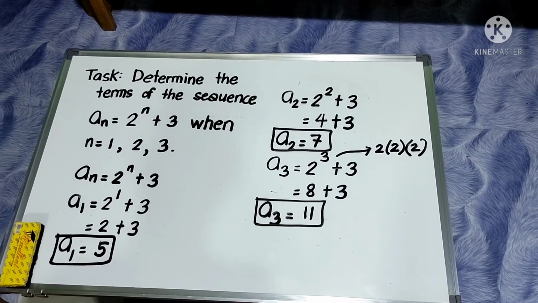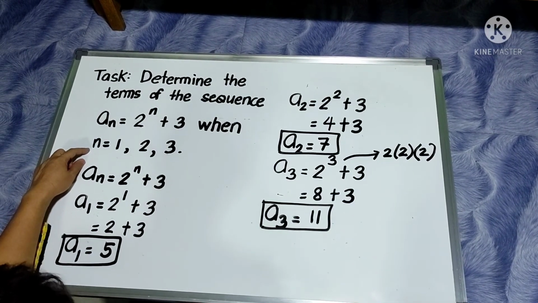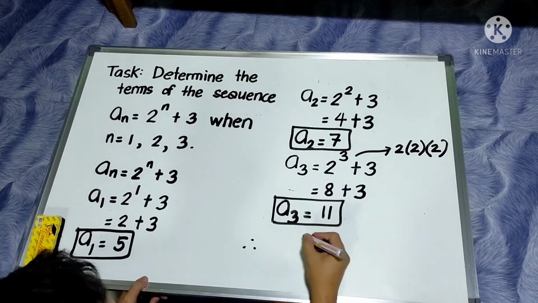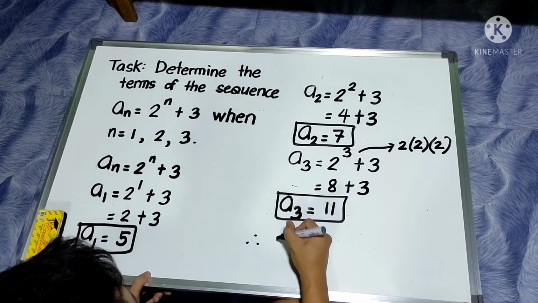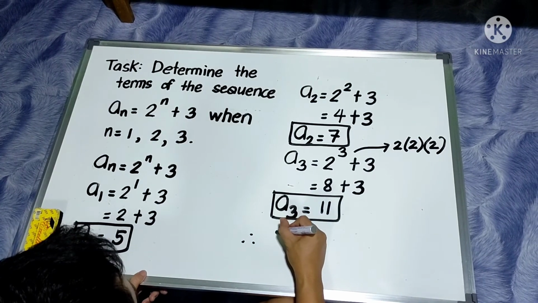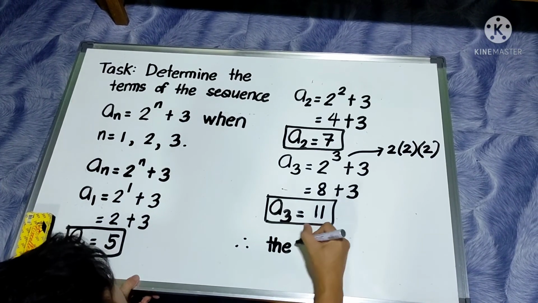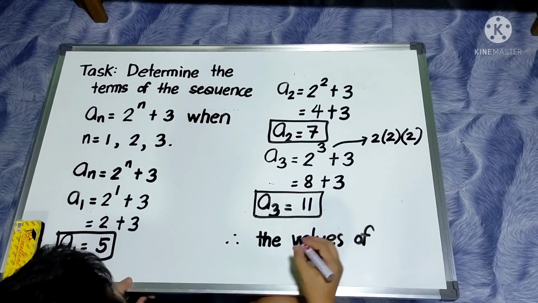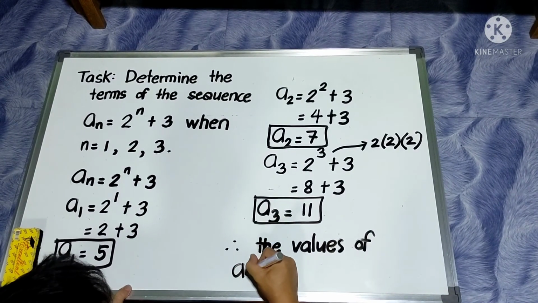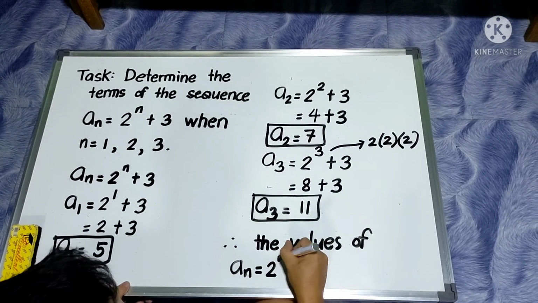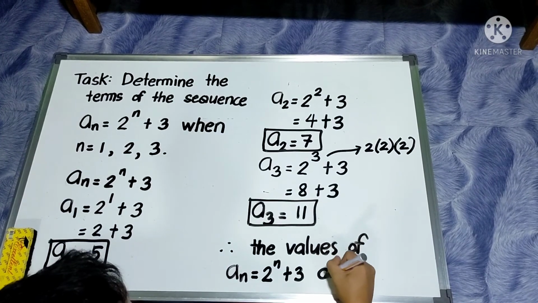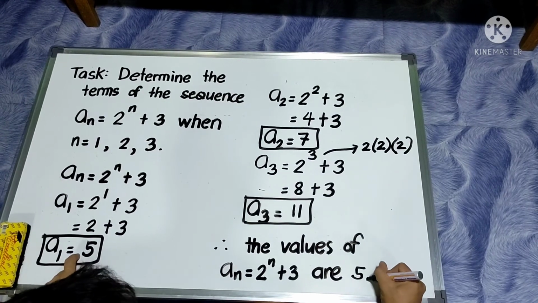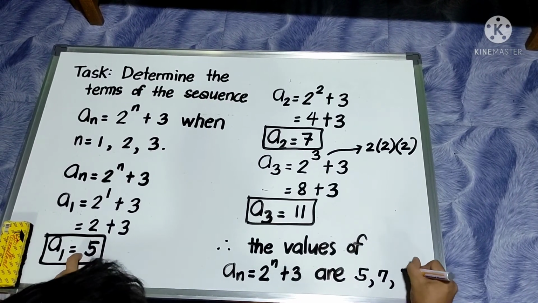We are done because we have already calculated for a sub n given the values of n. So make your conclusion. Therefore, the values of a sub n is equal to 2 to the exponent of n plus 3 are 5, 7, and 11.